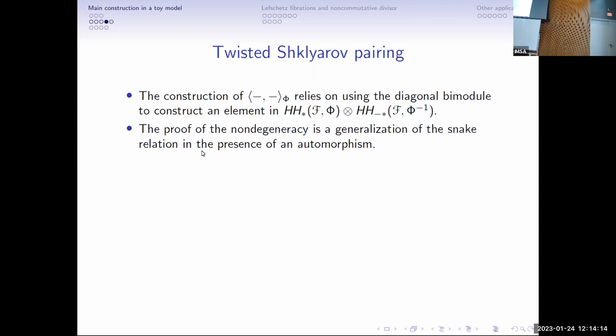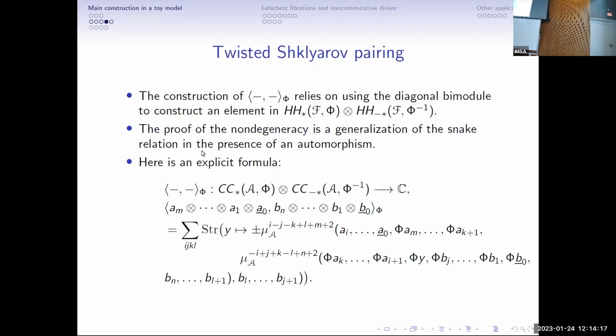Okay, so instead of really talking about abstract formulations, let's just write down an explicit formula for the twisted Shklyarov pairing. This is a chain-level construction, and the domain of that is the tensor product of Hochschild chain complexes.